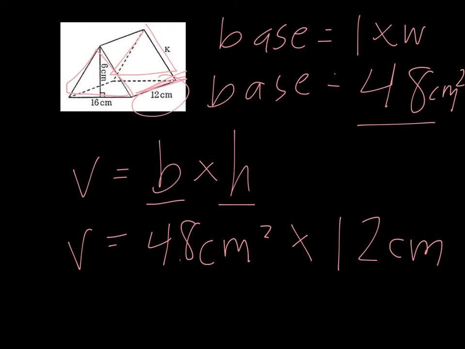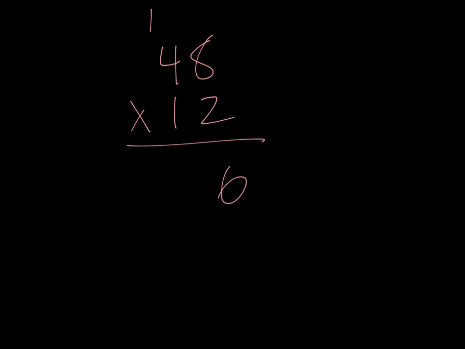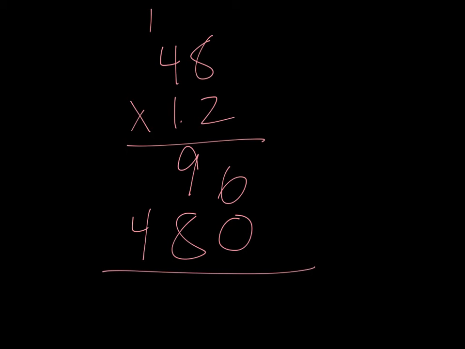well, I need a little more space to work out that problem. 48, so let's go up here, 48 times 12, okay? 2 times 8, 16. 4 times 2, 8, carry the 1, 9. 1, now I gotta drop the 0. 1 times 8, 8. 1 times 4, 4. All right, add those up.